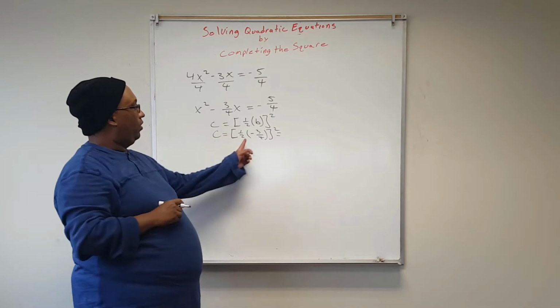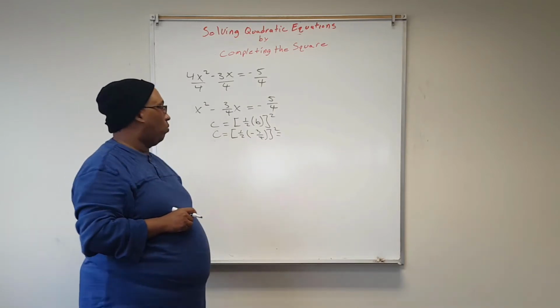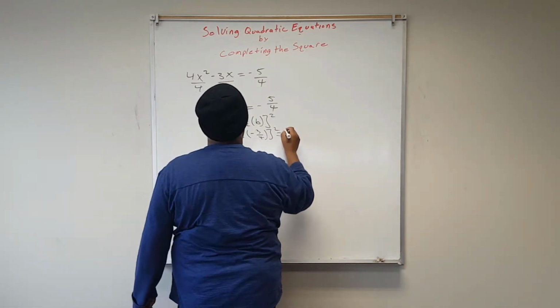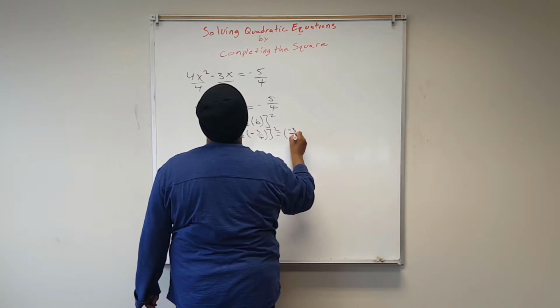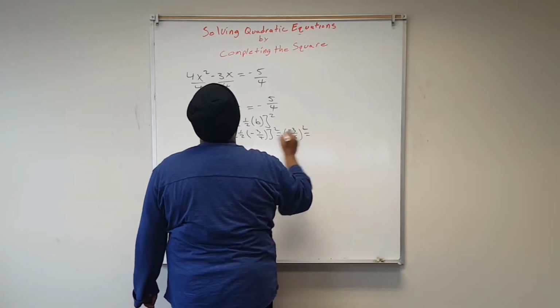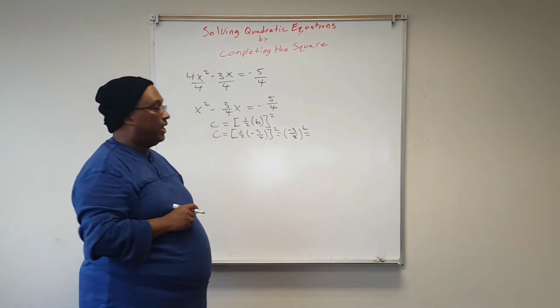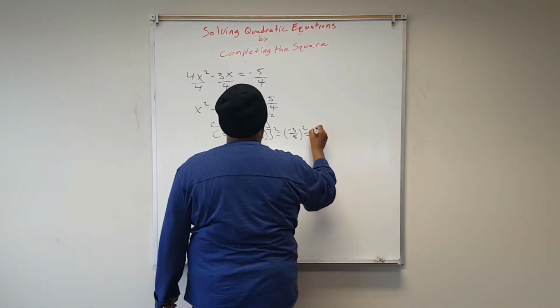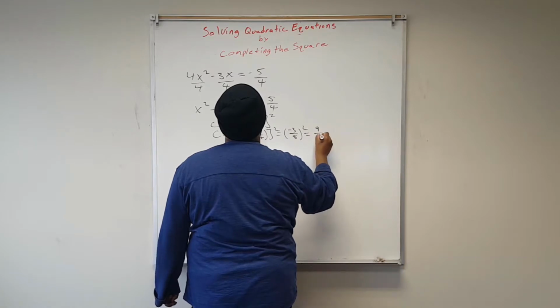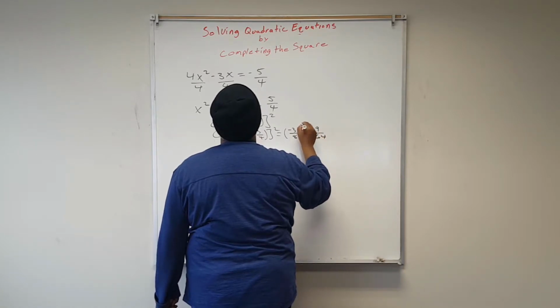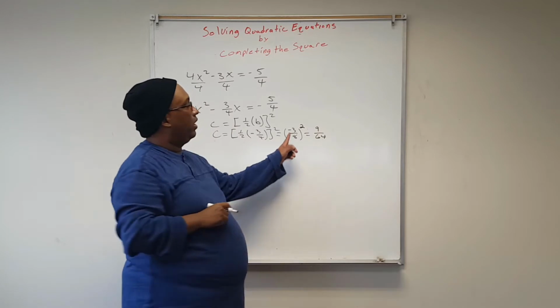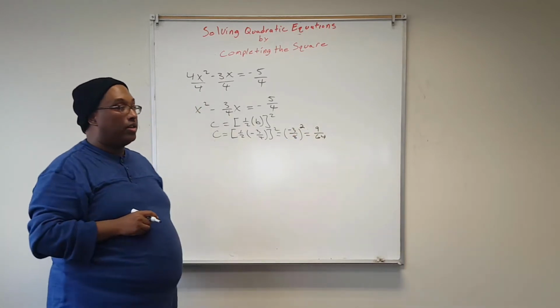If I multiply these two together, that gives me negative 3/8. And if I square that, that's going to give me 9/64. Remember, squaring a negative becomes a positive, so we get 9/64.